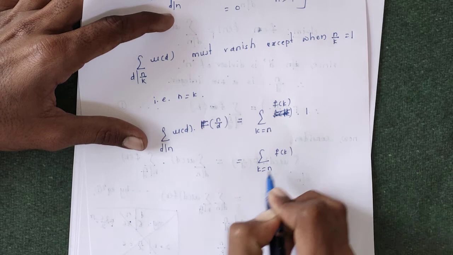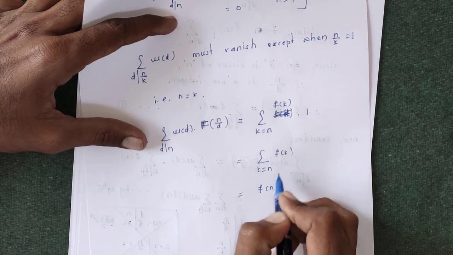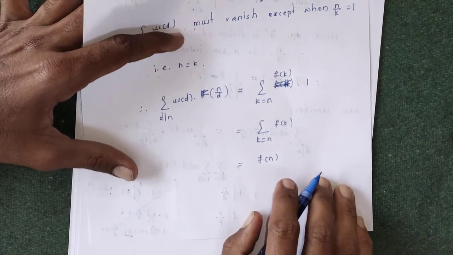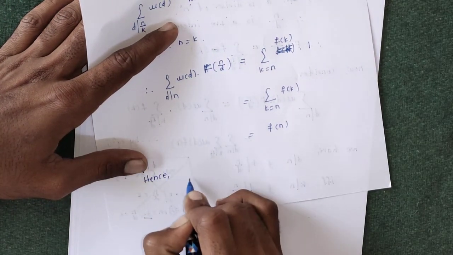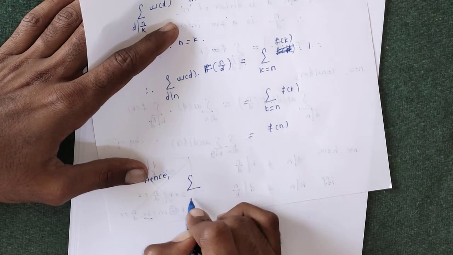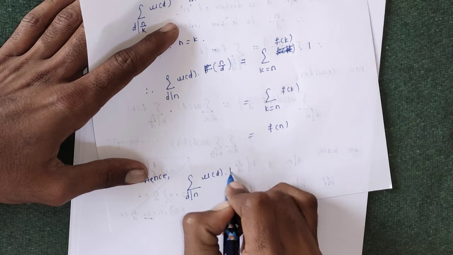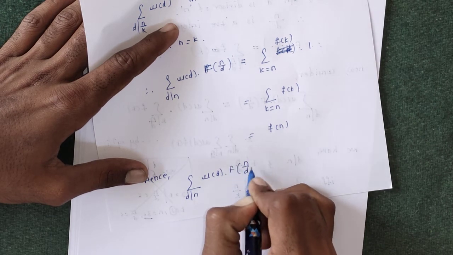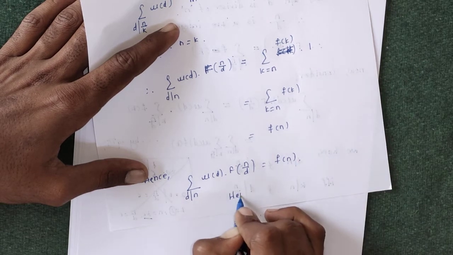Summation of f of k means this is equal to small f of n, only k is equal to n is the single value. So, putting k is equal to 1, we will get f of n. Hence, our theorem is proved, that is, summation d divides n mu of d into f of n by d is equal to f of n, and hence the proof.